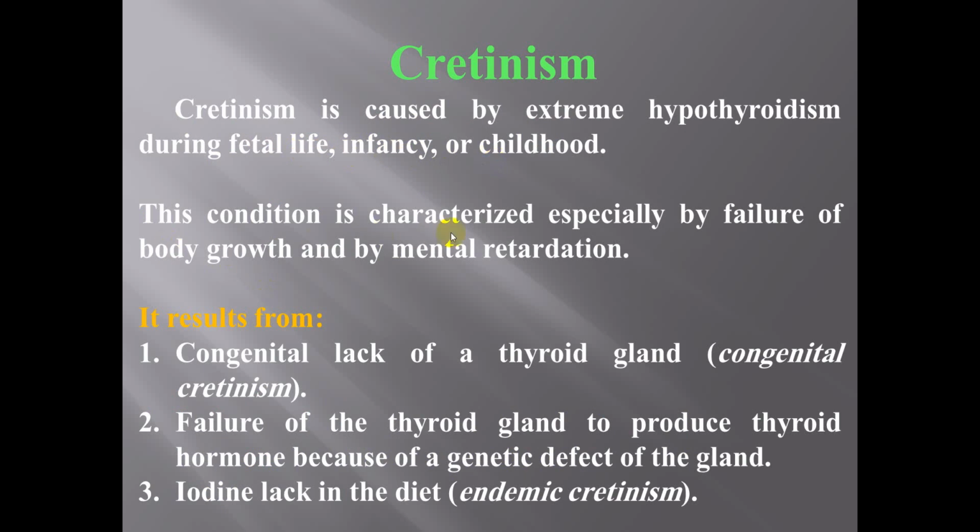This condition is characterized especially by failure of body growth, since the growth stage does not proceed normally, and mental retardation, defects in the nervous system, resulting from either congenital lack of thyroid gland, called congenital cretinism, a genetic defect in which the thyroid gland fails to produce thyroid hormones, or iodine lack, which we call endemic cretinism.